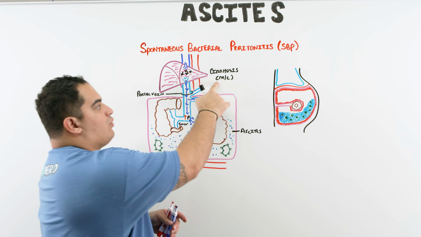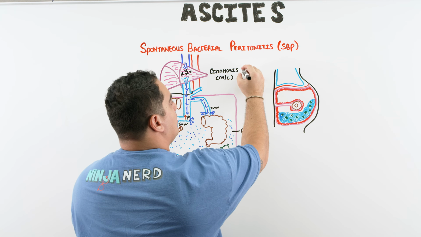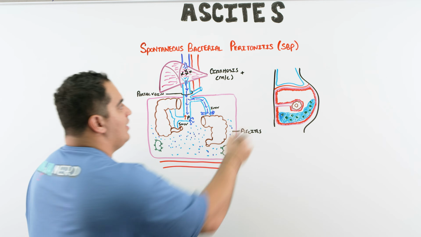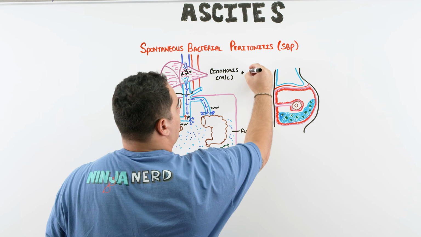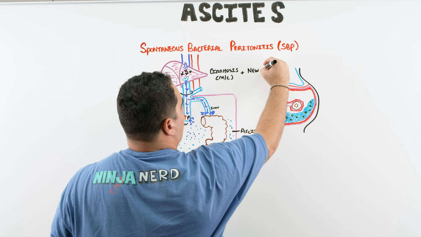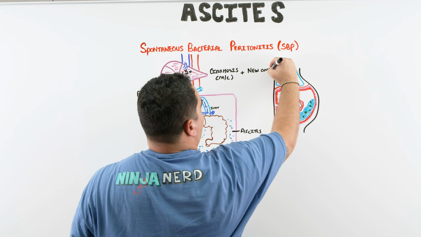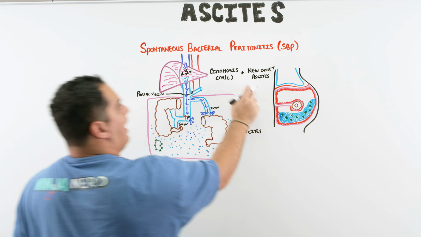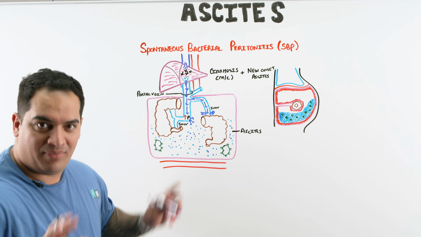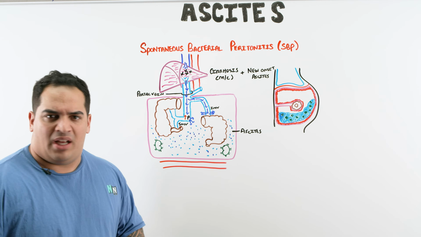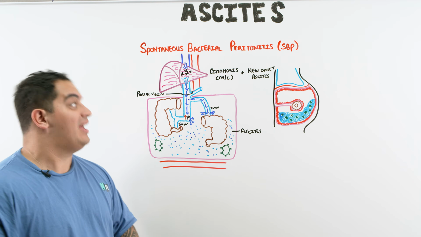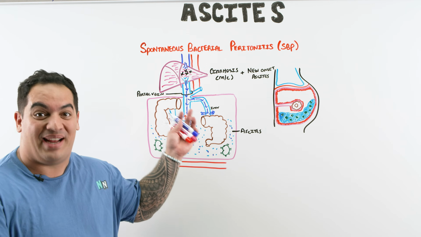In a patient who has cirrhosis plus maybe an upper GI bleed, so we sometimes see this in cirrhosis plus new onset ascites, you have to be thinking about SBP. If for whatever reason they develop an upper GI bleed, if for whatever reason they've had a history of prior SBP episodes, that definitely increases the risk of developing SBP.